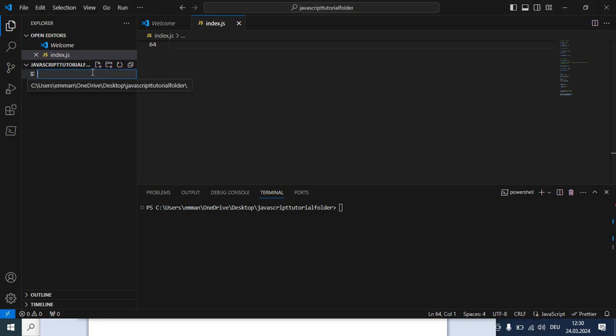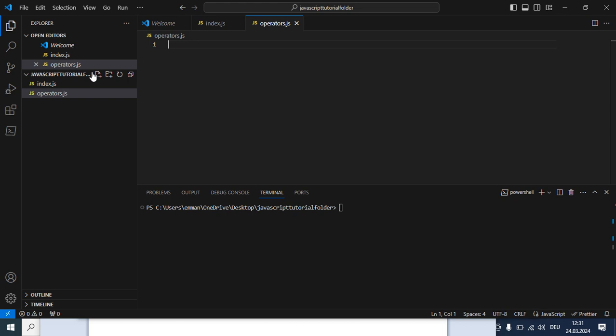You can name it anything, but I'm going to name my own operators.js because it's a JavaScript file. So today we are looking at assignment operators. Assignment operators allow you to assign values to JavaScript variables. So let's look at it.